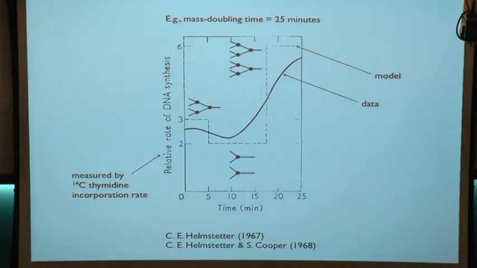So it just takes some time to get used to thinking like Helmstadter and Cooper did in the 1960s. But if you spend some time, you'll get used to it, okay? So I will distribute the lecture notes as soon as I go back to the US, and there are some calculations you can play with, and then you'll also see what kinds of holes and logical gaps are in those arguments. Yes?